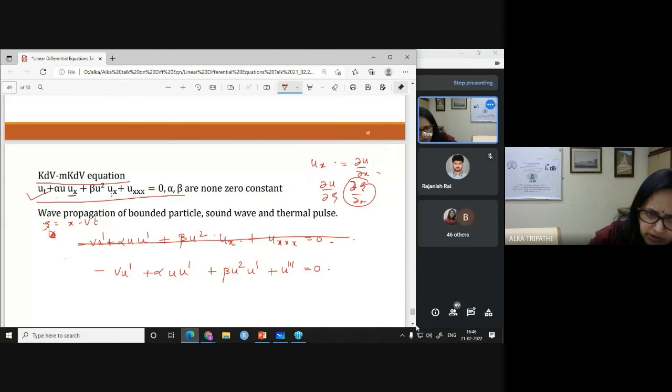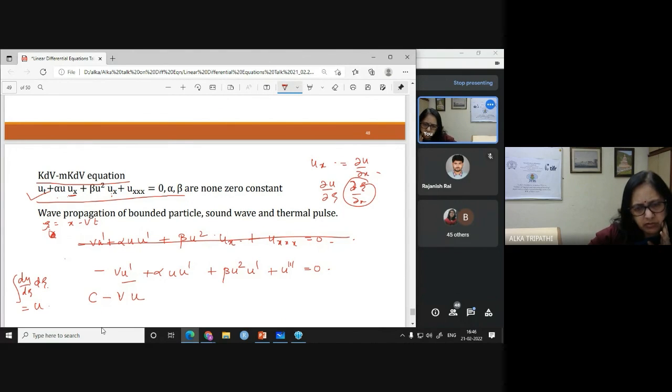So you will get a constant, minus v. What will be the integral value? Can anyone tell me? Integral of u dash, du by dξ, with respect to ξ. When you do it, you will get the value u.